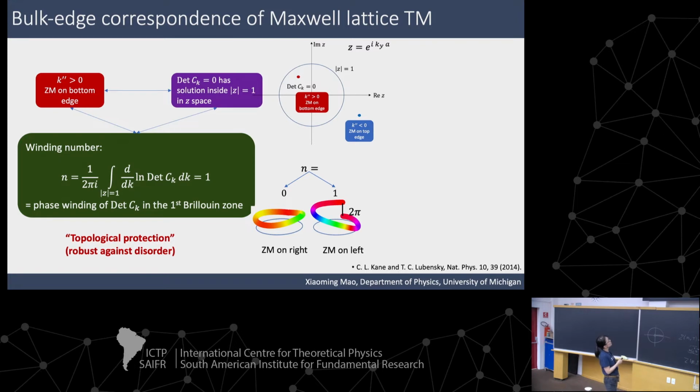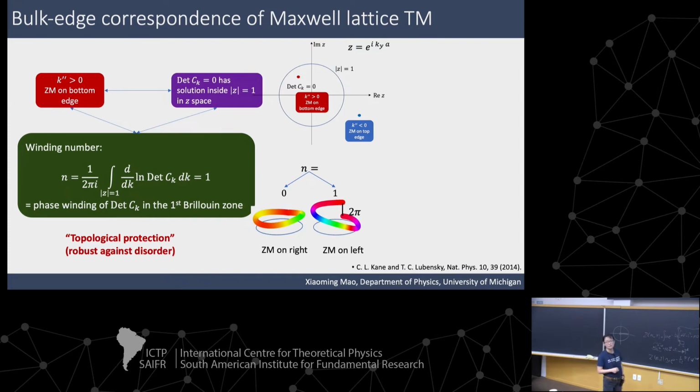And this turns out that you can calculate by doing this integral along the unit circle, because from Cauchy's formula, you know that when you do this integral, it counts the poles of this function. So remember, we want determinant C to be 0, and when you take a logarithm, that gives you a pole, right? So then this formula counts the poles of this inside of the circle.